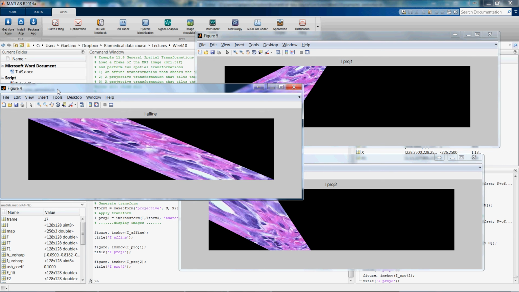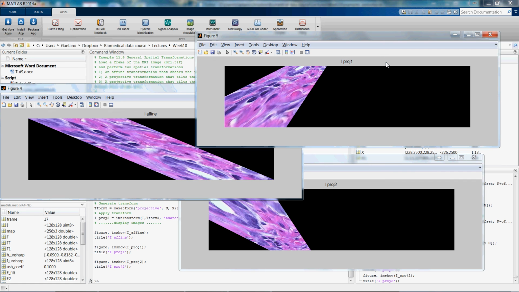So this is exactly the same kind of shearing that we've seen for the MRI frame from the book, where you actually define the 3 points and you squeeze and rotate the image. Or you can decide to take your tissue sample, project it, like seeing from different angles.